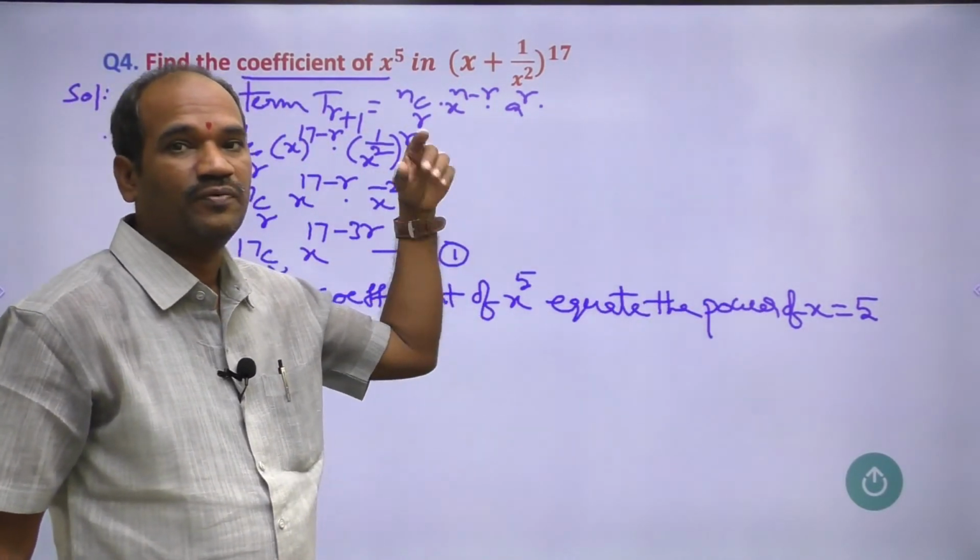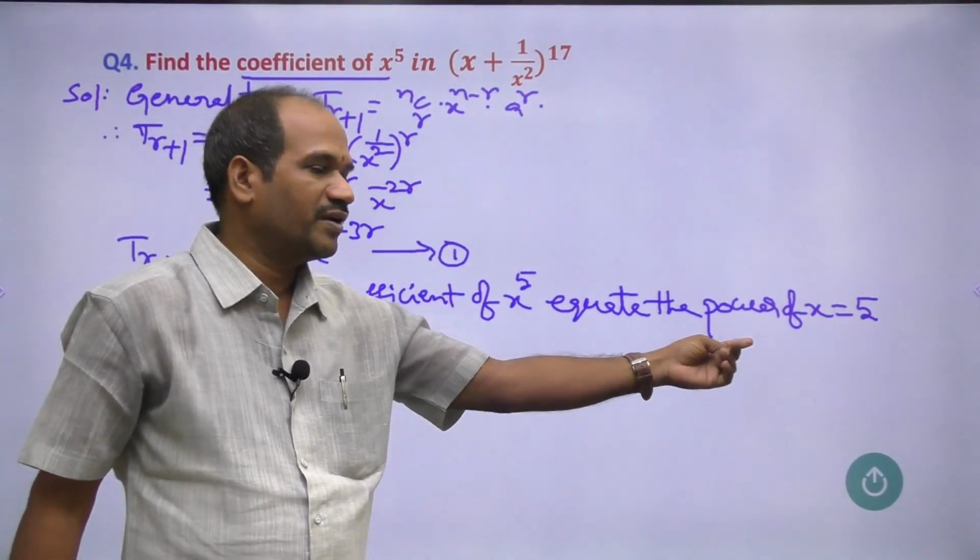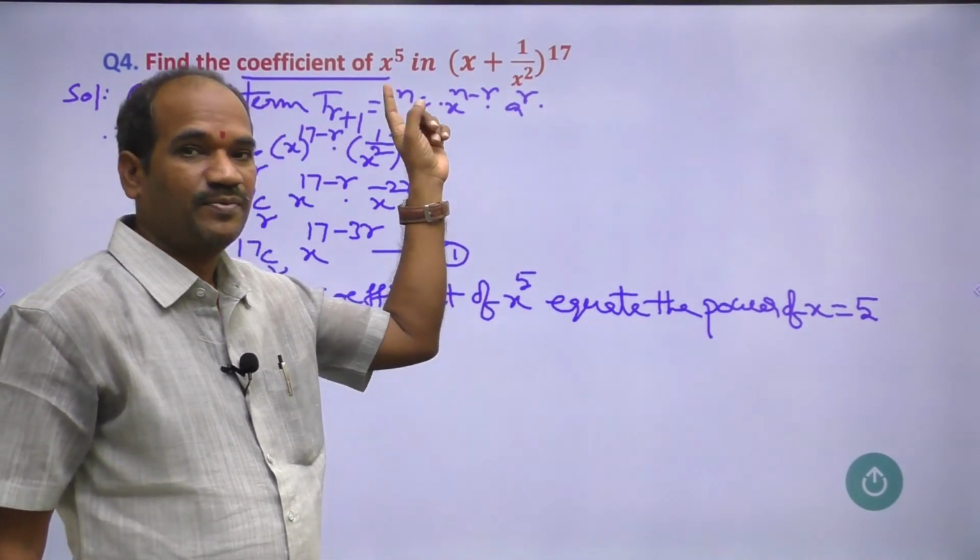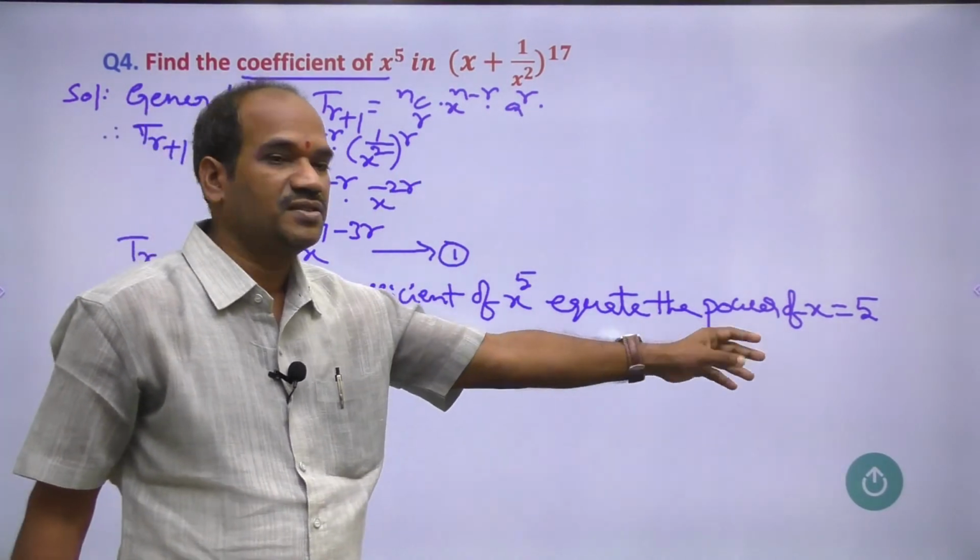In this problem it is x power 5 coefficient, so equate the power of x to 5. For x power 11 coefficient, equate the power of x to 11.